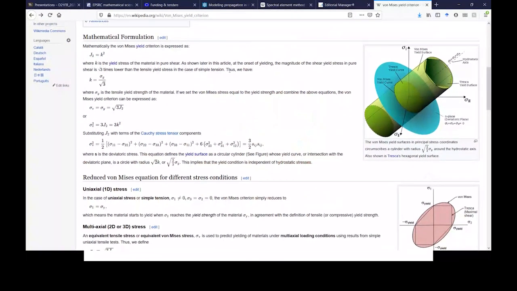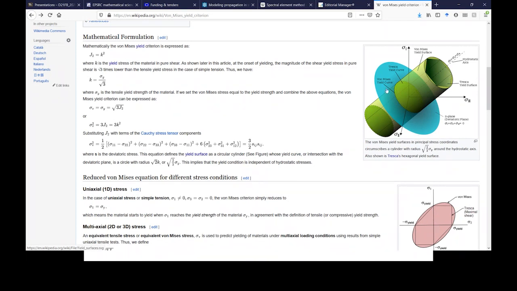Now, this picture here is basically the yield surface for von Mises. So you can see the Tresca yield surface there. On top of it, you have the von Mises. If you have the cross section in 2 dimensions, the green circle is the cross section in 2 dimensions. So you have the cut happening along this circle here, and this is the plot.